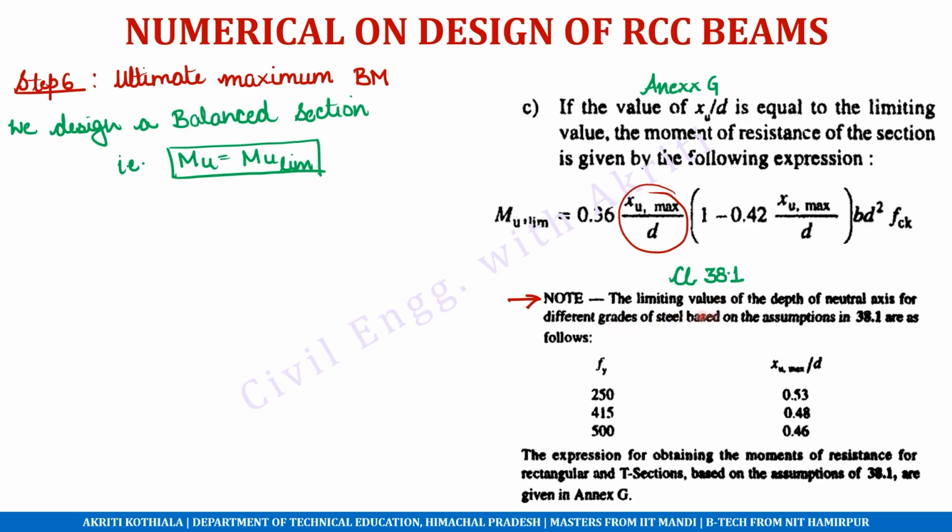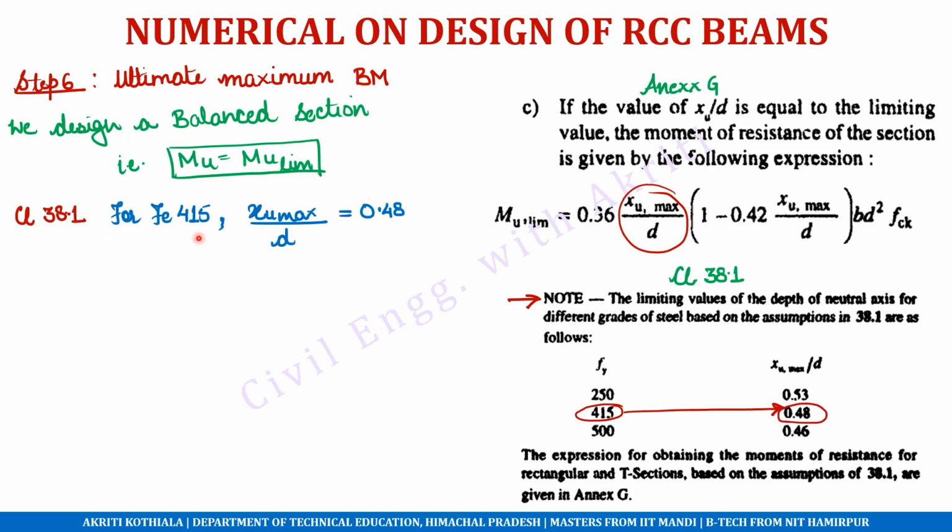It says that the limiting value of the depth of neutral axis for different grades of steel, that is fy equal to 250, 415 or 500. In our case, we have fy equal to 415 here. So the value of Xu max by d is equal to 0.48. So we can write for Fe 415, Xu max by d is equal to 0.48.